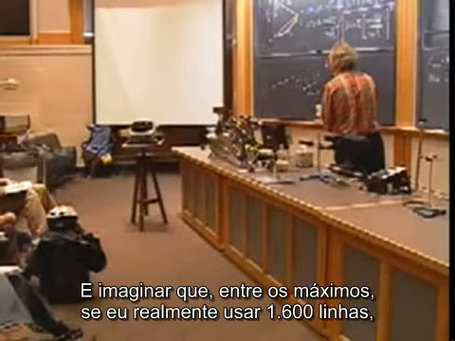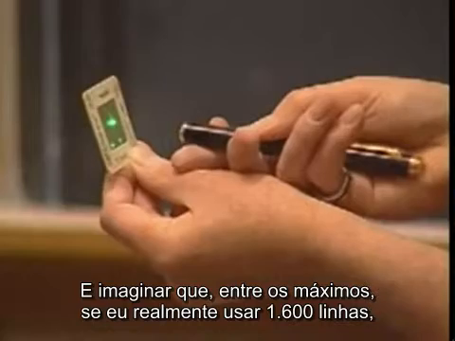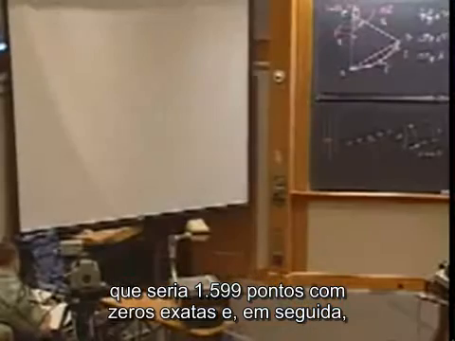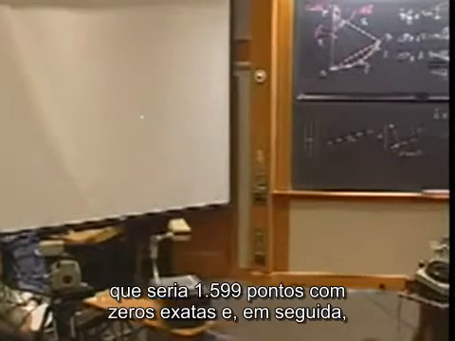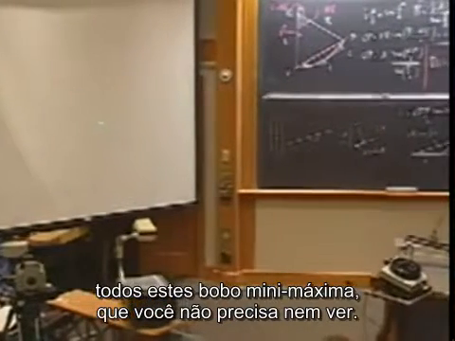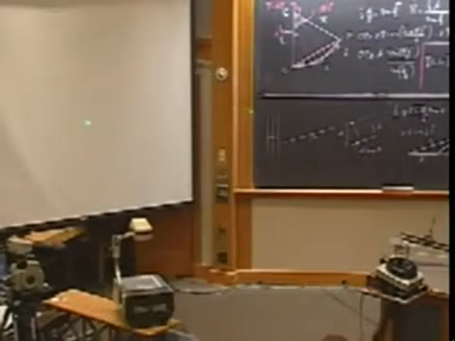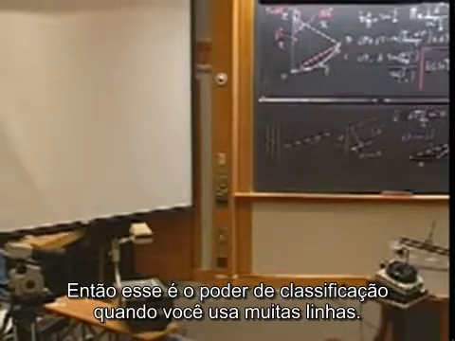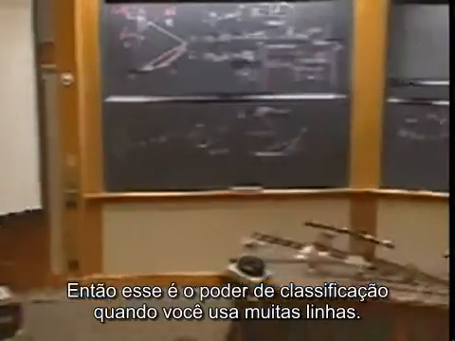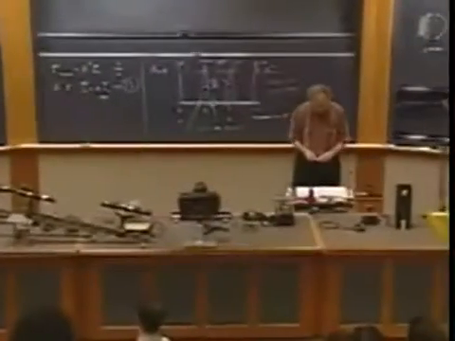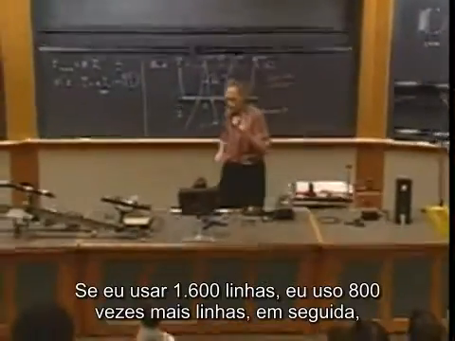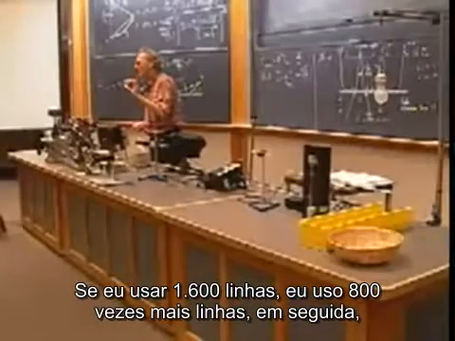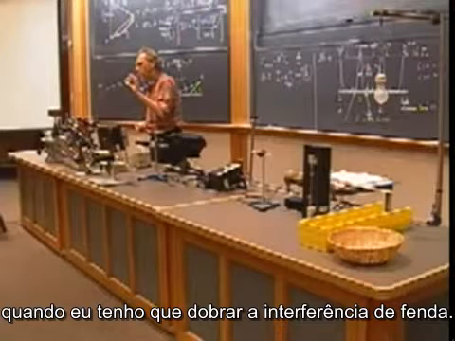And imagine that between those maxima, if I really use 1600 lines, there would be 1599 points with exact zeros, and then all these silly mini maxima that you don't even see. So that is the power of a grating when you use many lines. If I use 1600 lines, I use 800 times more lines than when I have double slit interference.